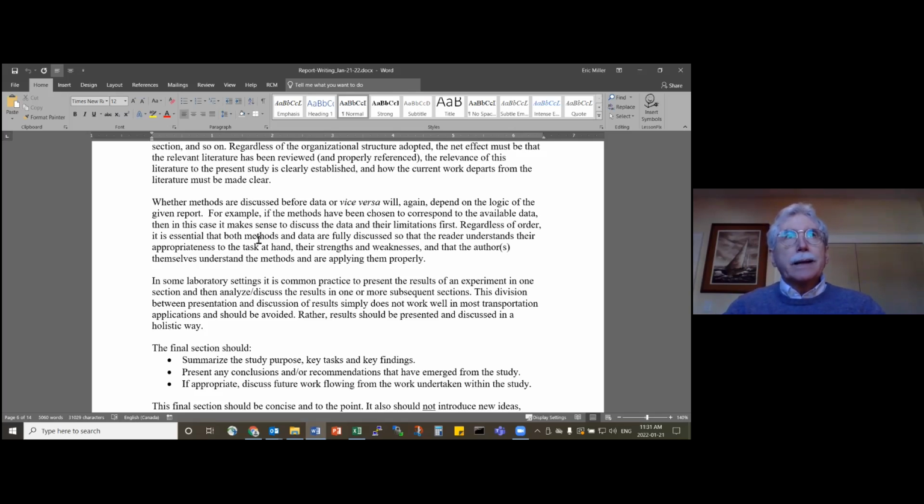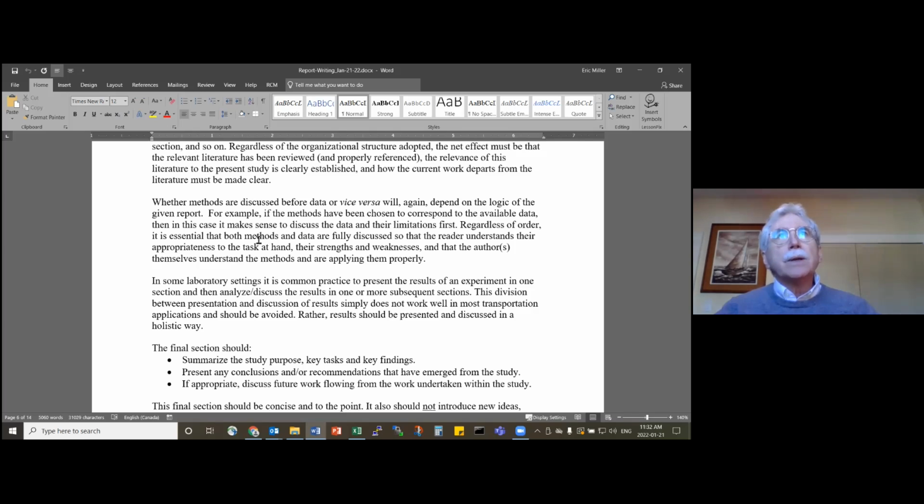Similarly, it's very common to see templates for technical reports where there's a results section and then there's a discussion section. If you were chemical engineers describing your laboratory methods, results, discussion, the results are all shown and then you discuss them in a separate section, that may work fine. And that can work fine in our field too.